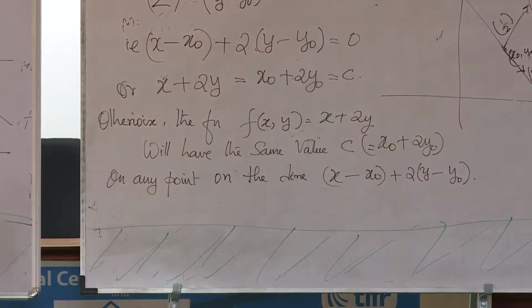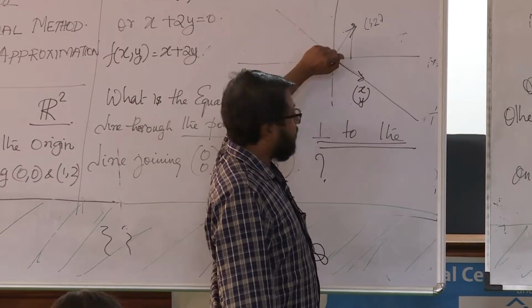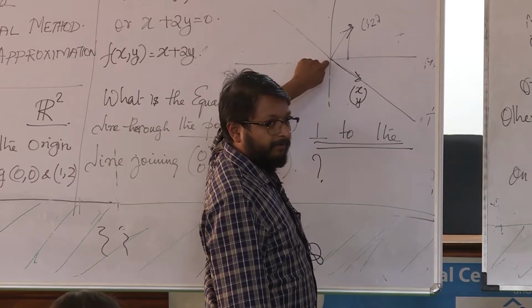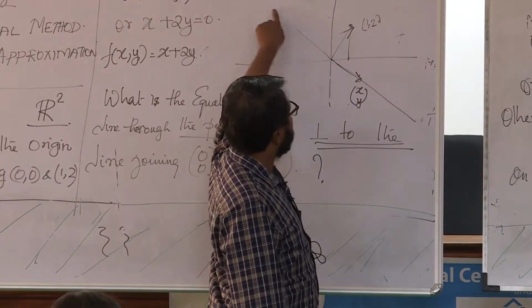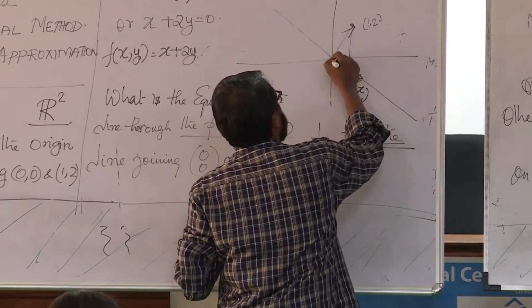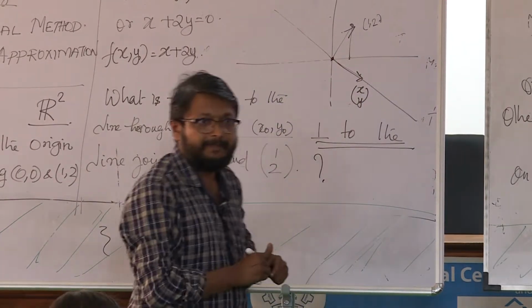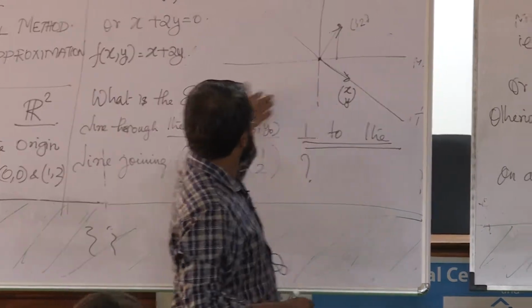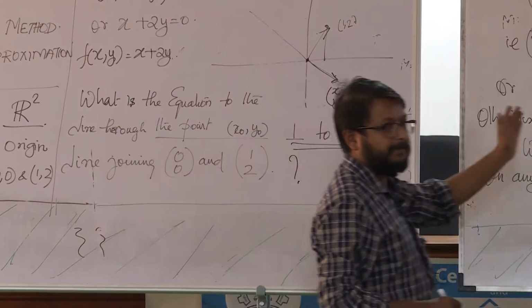So, what is the geometric intuition we have? A linear function will have the same value along a line. If I fix a point, there is a line along that point. This first case, with x naught y naught equal to 0, 0, is a special case of the second case.